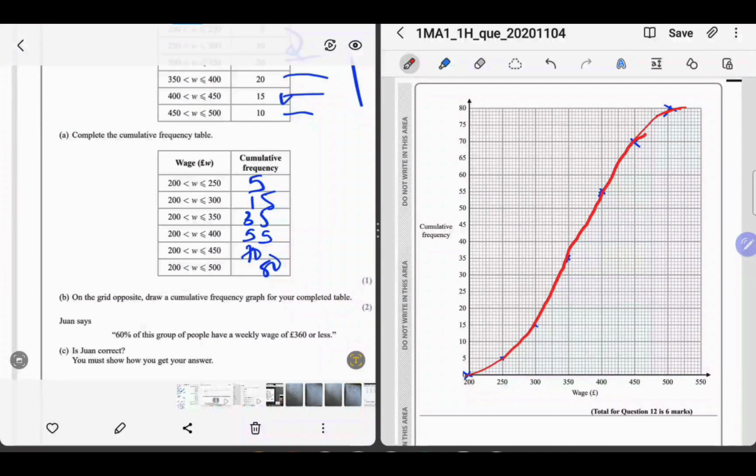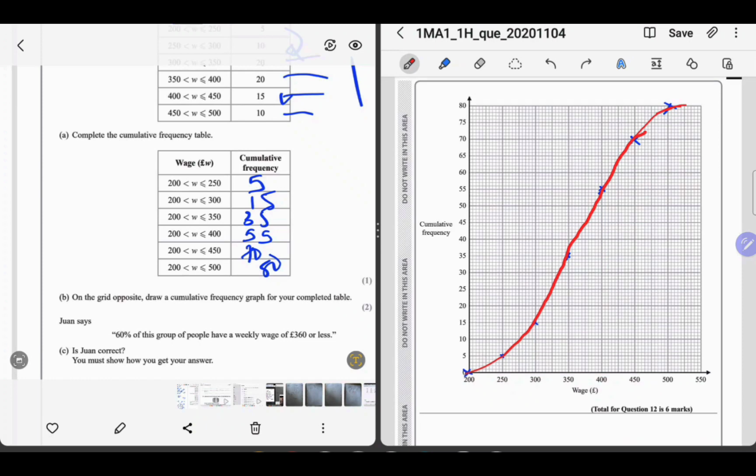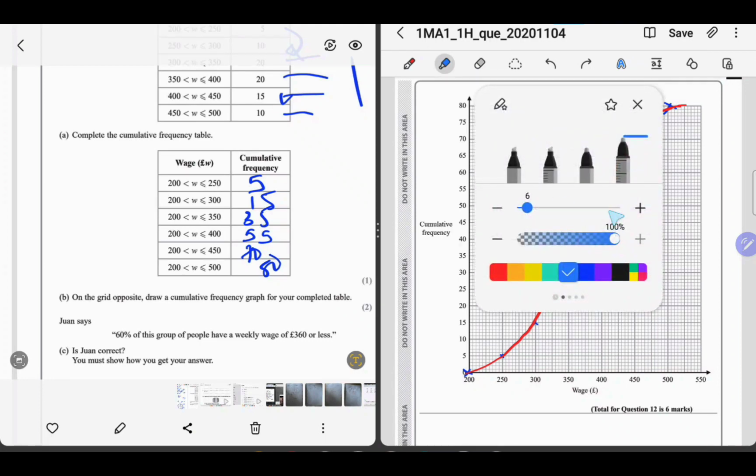Now it says on the grid opposite, oh, draw, we've done that. Joanne says 60% of this group of people have a weekly wage of $360 or less. Is Joanne correct? You must show your working. We can actually find the number of people who earn 360 pounds or less by mapping this out on our graph.